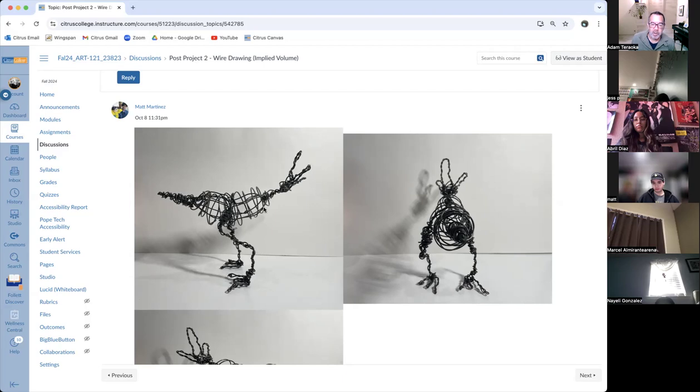So you can tell that there's a lot of implied volume, right? There's something volumetric about it. And in this one, there's not much: the legs and the feet and the tail and the beak. The beak has some implied volume in there, but for the most part, it's essentially just volume, right? Kind of the same way in Project One, where the space was filled with mass.